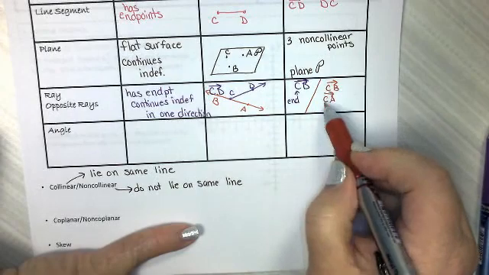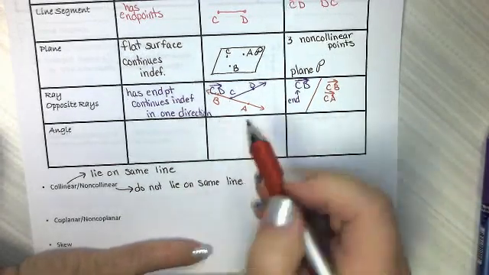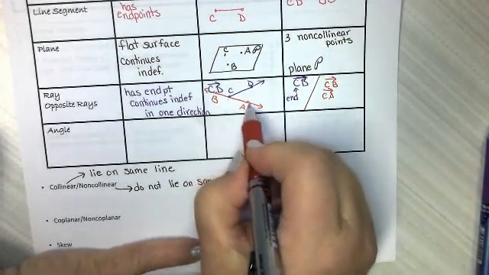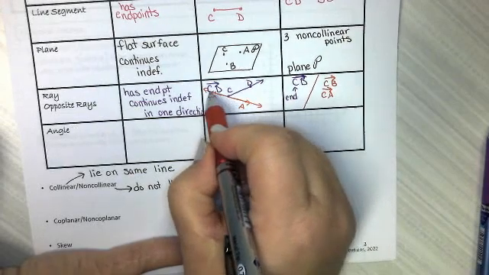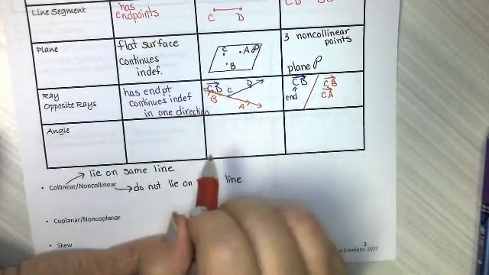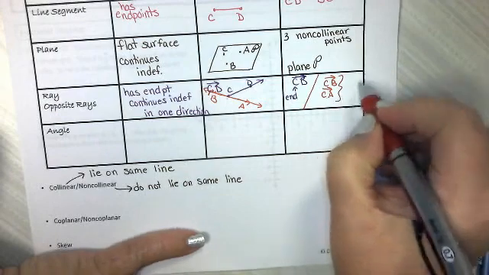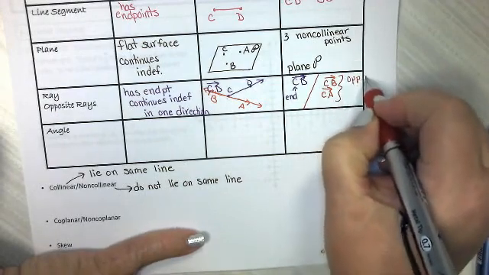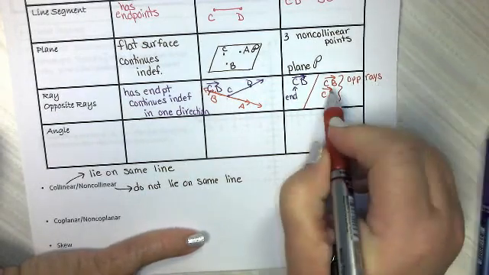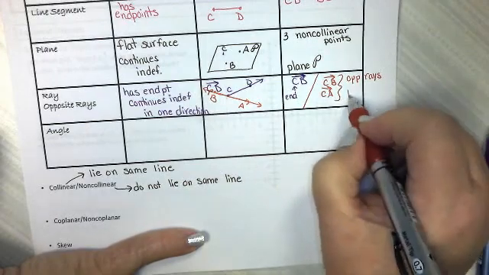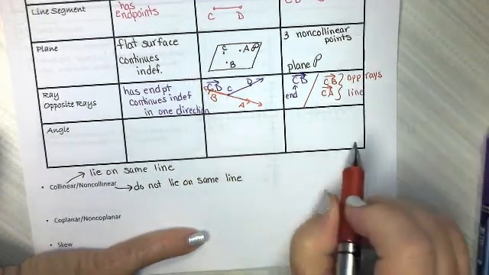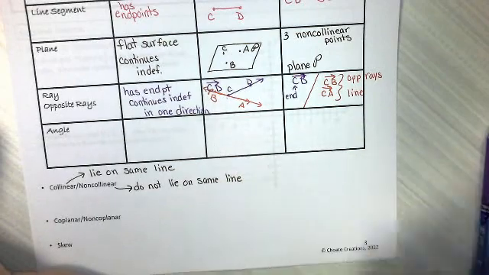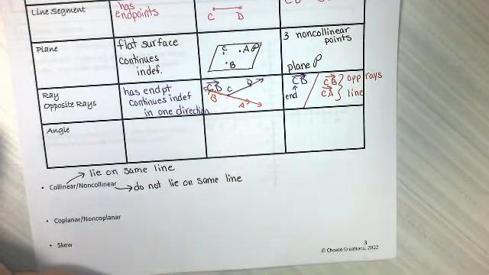Notice they have the same endpoint, and ray CA goes this way, ray CB goes this way, and if I put them together, they make a line. So opposite rays have the same beginning point, and they make a line. Those are considered opposite rays.